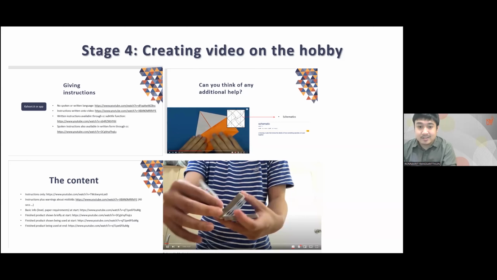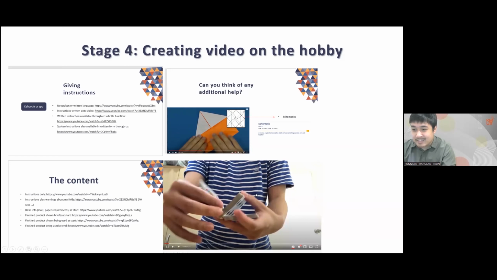As for content, you can give instructions only, or instructions and warnings about misfolds. You can show the finished product first. There are many ways to present your content and structure your tutorial video. This is what we show to students, and students did it on their own.